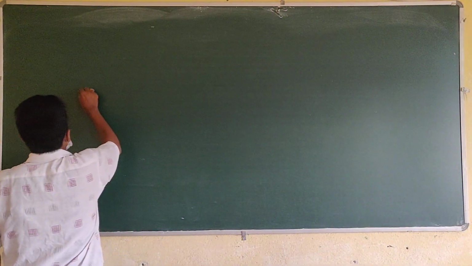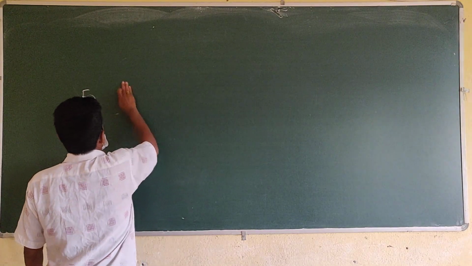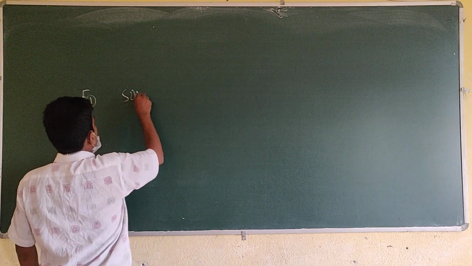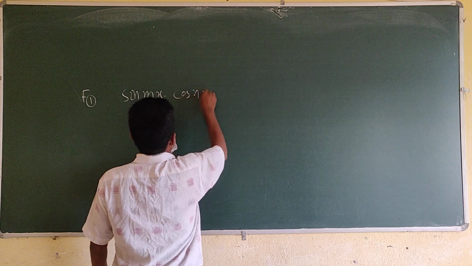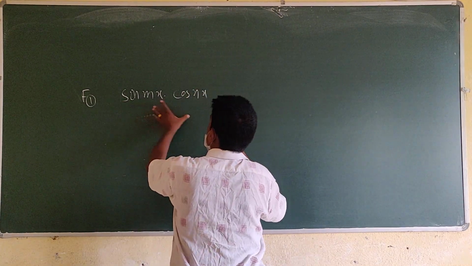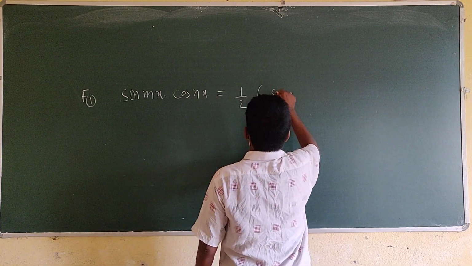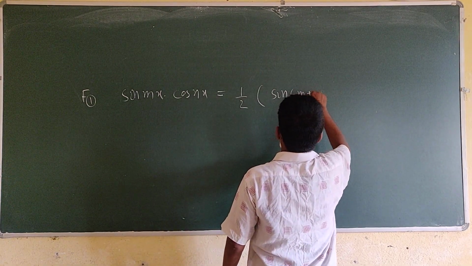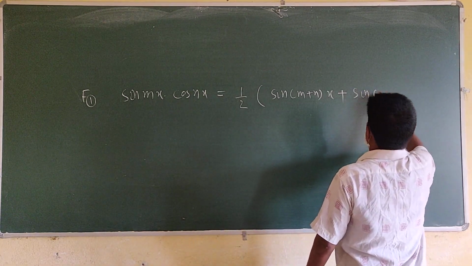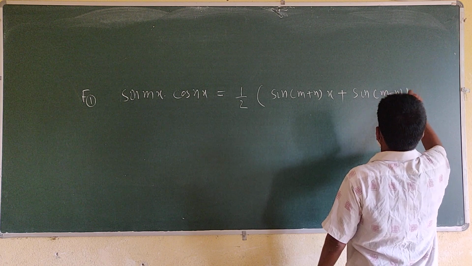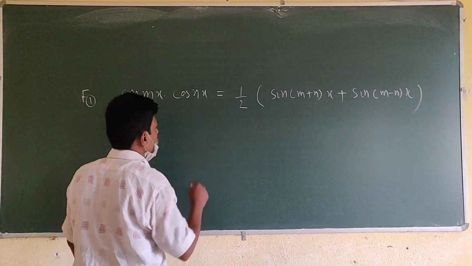That is formula 1: sin mx into cos nx. You can write this value as half of sin (m plus n)x plus sin (m minus n)x. Sin mx into cos nx, that value you can write in this way.